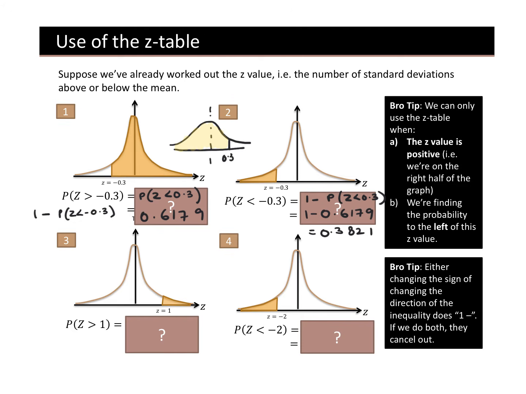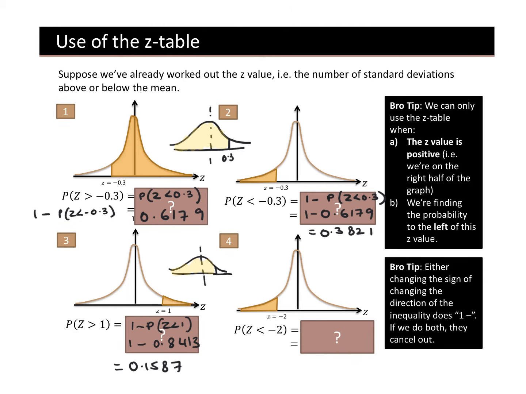This is the same as finding 1 minus this bit, isn't it? 1 minus that whole chunk. So we can do 1 minus the probability of z being less than 1, which is 1 minus 0.8413, which is 0.1587. Okay?